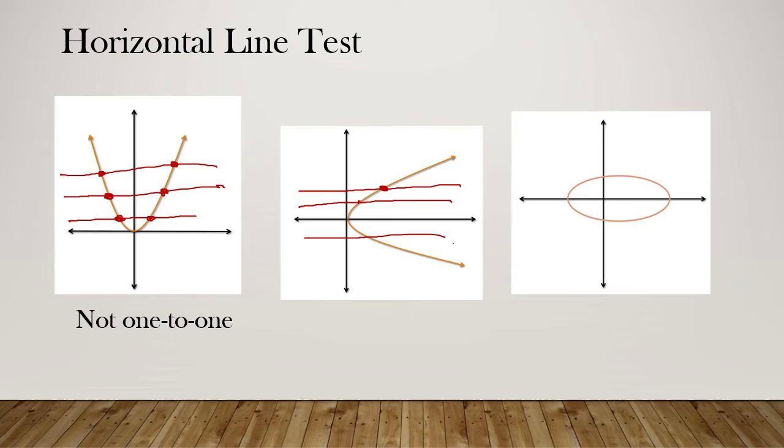After drawing this horizontal line, it intersects only at exactly one point, unlike in the first graph. Since the horizontal line intersects the graph at exactly one point, it means that this graph is a one-to-one function.